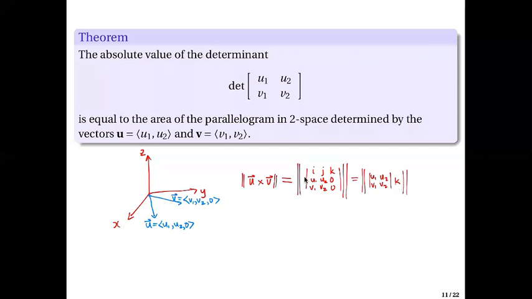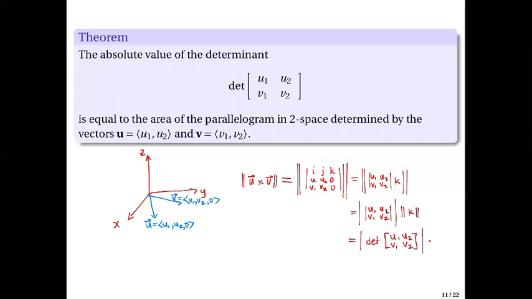Therefore, this is a scalar and this is a vector, so this becomes the absolute value of the determinant u1, u2, v1, v2, and then the norm of k. But k is a unit vector, so it's just 1. Which means you just have the absolute value of the determinant of the matrix u1, u2, v1, v2.